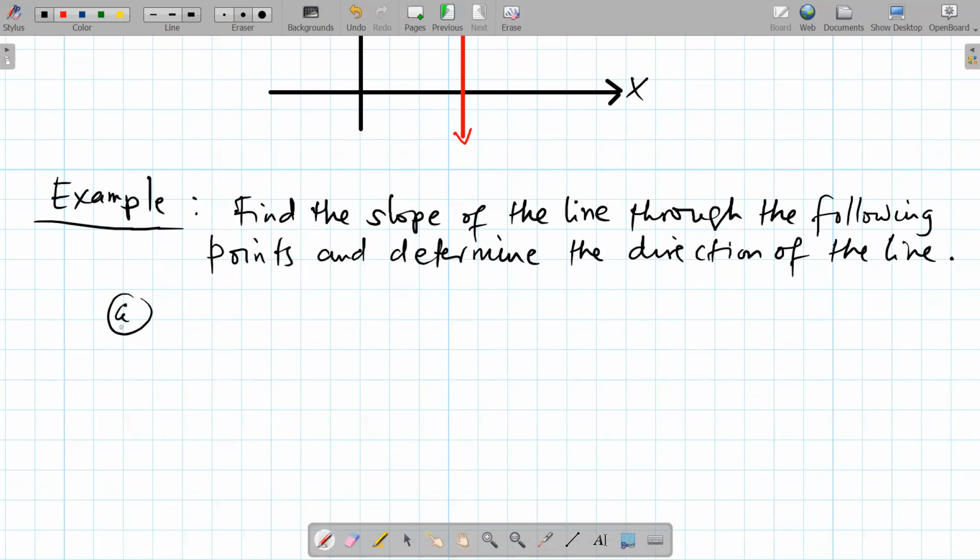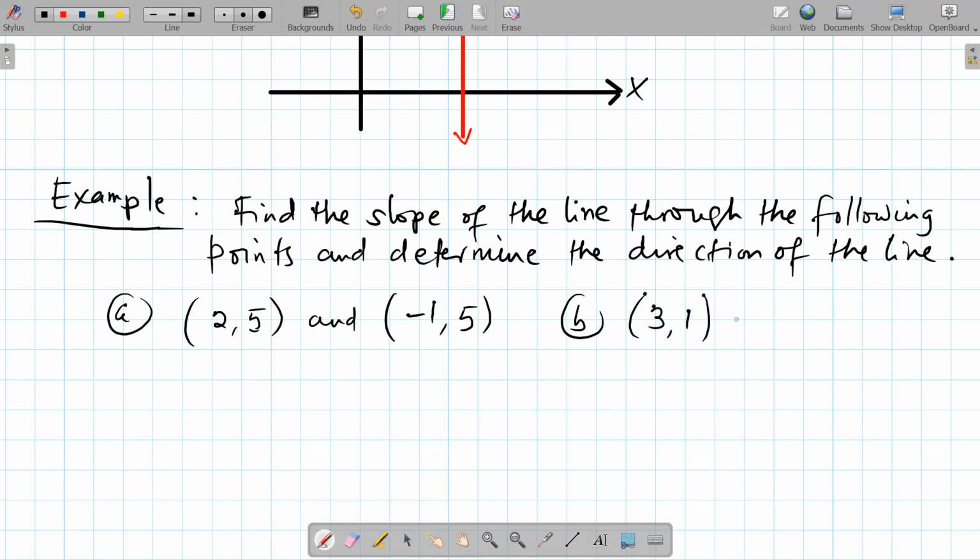A here, (2,5) and (-1,5), and B (3,1) and (3,-4).